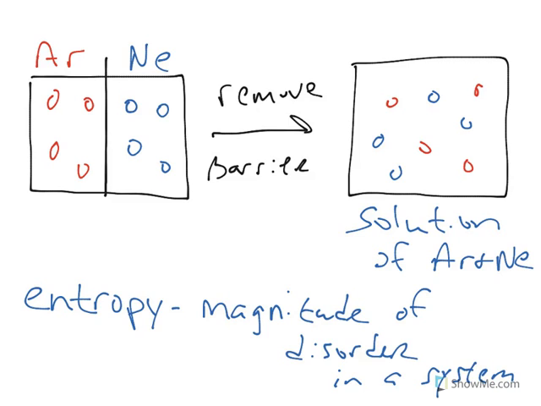So when we look at the scenario above, the case on the left would be more ordered, correct? I mean, you have argon on one side, neon on the other side, and that's because that barrier is in place. But when we remove that barrier, we get a mixture, and it's much more disordered. The neon and the argon are all over the place.